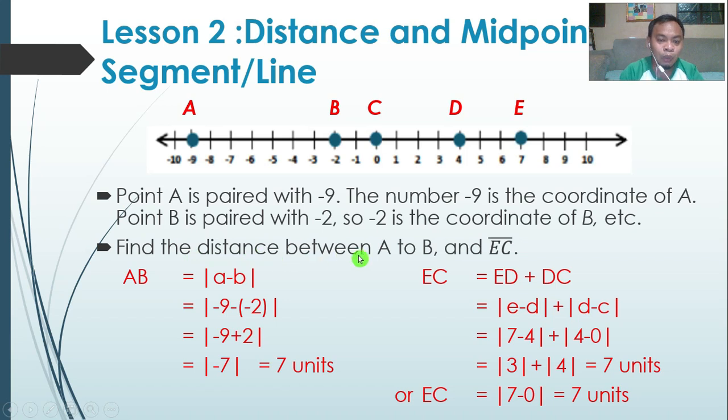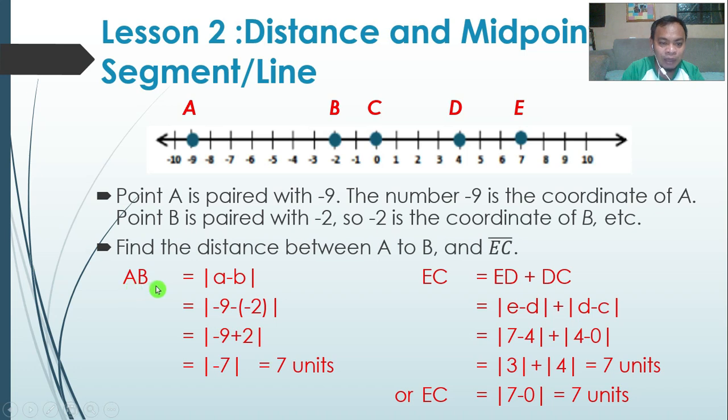So, we have an example. Find the distance between A to B and EC. Okay. So, from A to B, the distance between A to B. To solve this one, using the formula, AB is equal to the absolute value of small a minus small b. So, we will substitute the coordinates of the points.